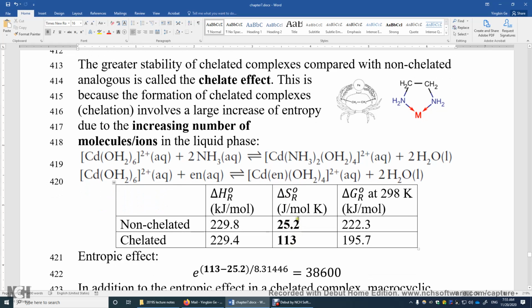So now let's get back to this case. In the formation of the chelated complex, the entropy increase is much greater than its non-chelated analog.